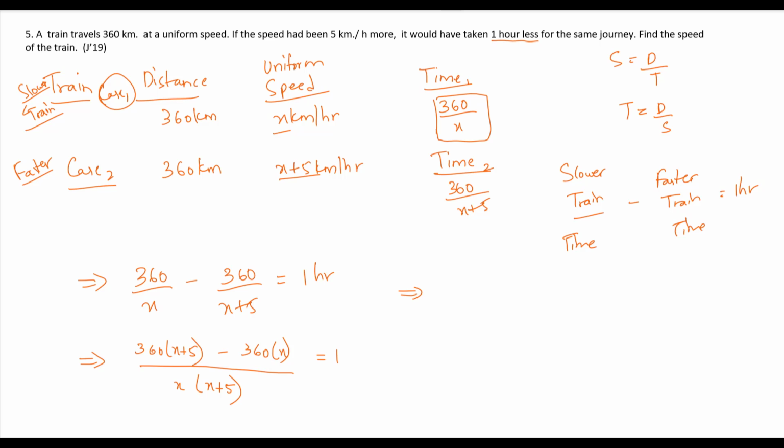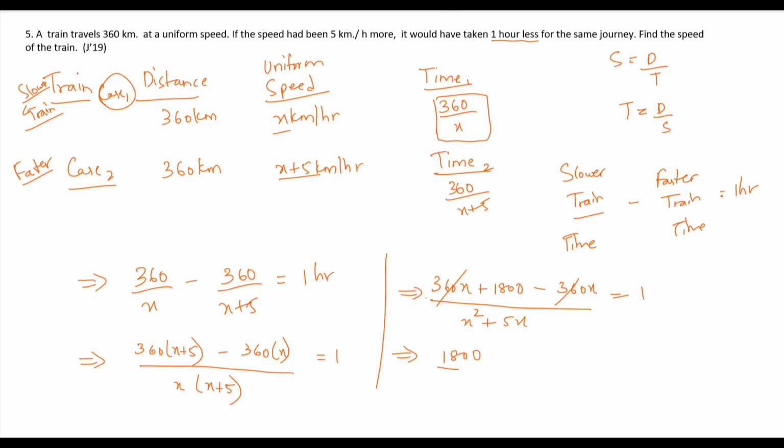This implies 360x plus 360 into 5 will be 1800 minus 360x by x square plus 5x, which is equals to 1, which again implies 360x and 360x gets cancelled.